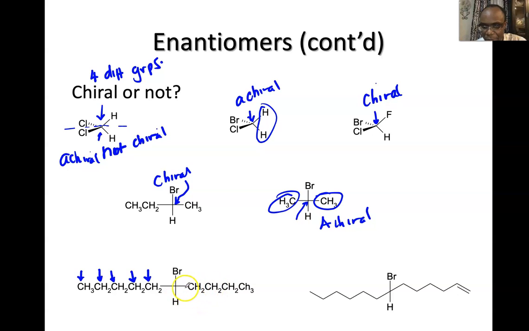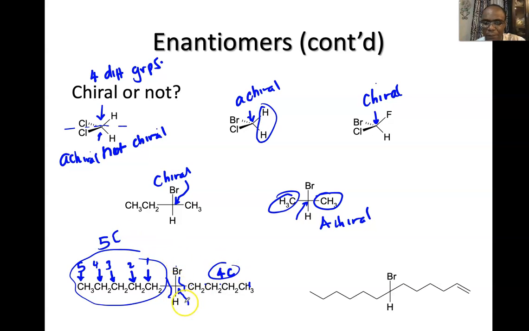But when we get here, I have 1, 2, 3, 4. So I have 4 carbons to the left. And then I have 1, 2, 3, 4, 5. 5 carbons to the right. So 4 carbons, 5 carbons, 2 different groups. I have bromine and hydrogen. So the carbon in the middle here has 4 different groups: H, Br, pentyl, butyl.